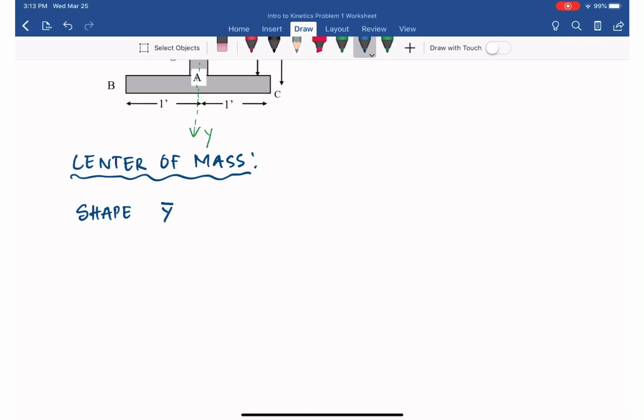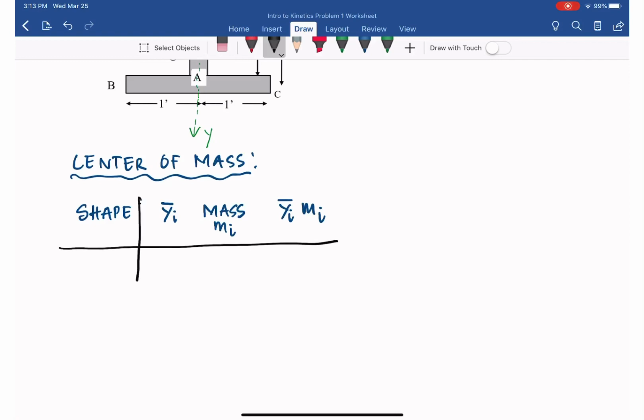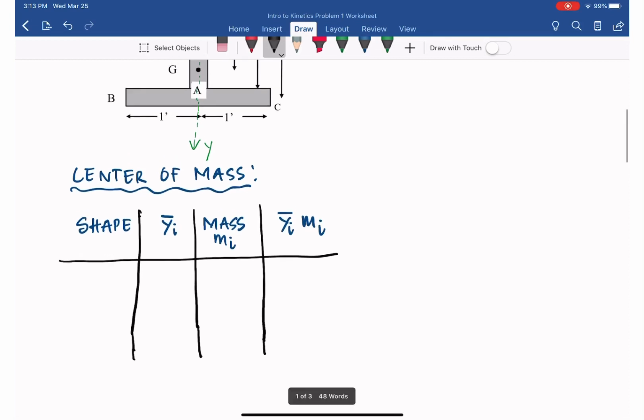You already know it is 0 for each standard shape. Then we have the mass for each standard shape, and also the product of y bar i times the mass of each standard shape. Mass here we call m_i, and from that we can make a table just for the purpose of finding the center of mass in this problem.